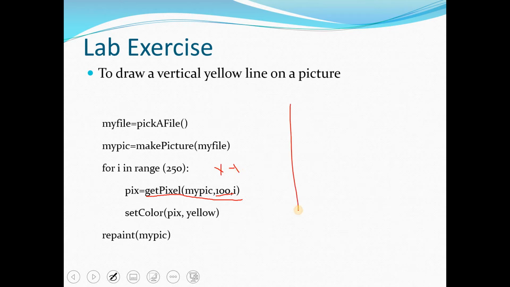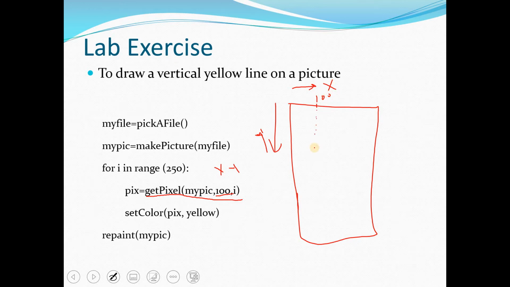If you have a picture like this, remember I told you that X is on this side and Y is on this side. So Y is changing and X is fixed. Somewhere maybe here X is 100. So Y is changing, which means you will be drawing a vertical line like this by this method.